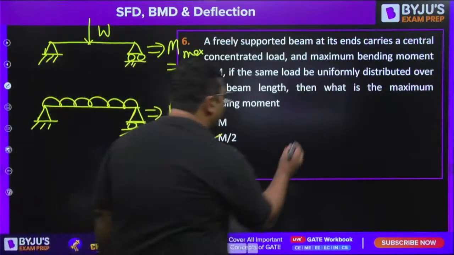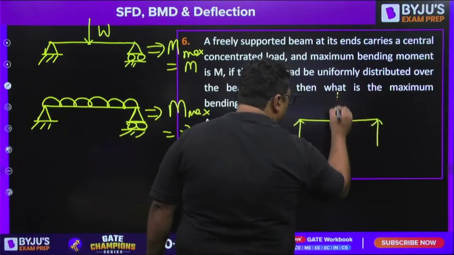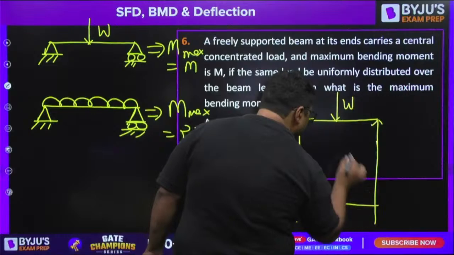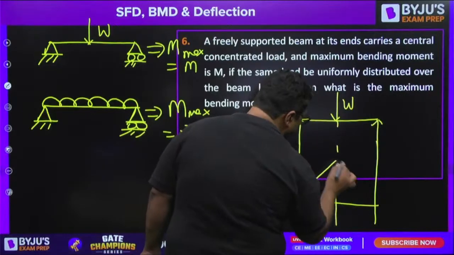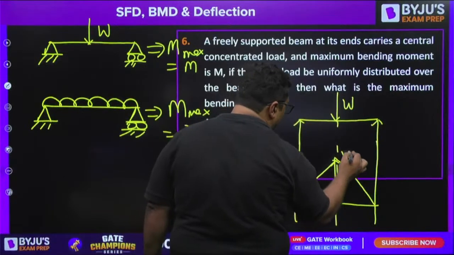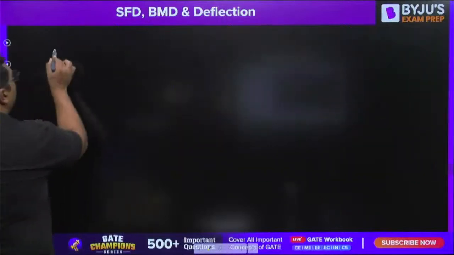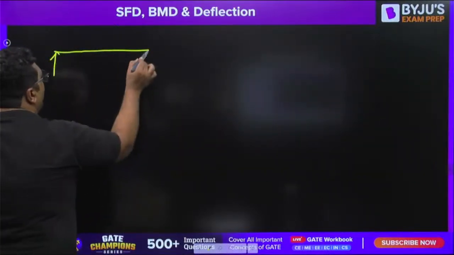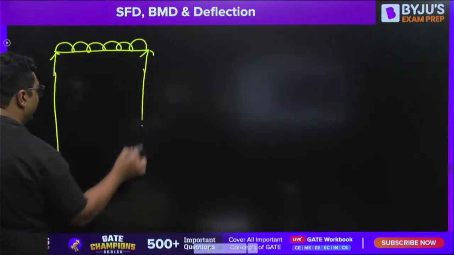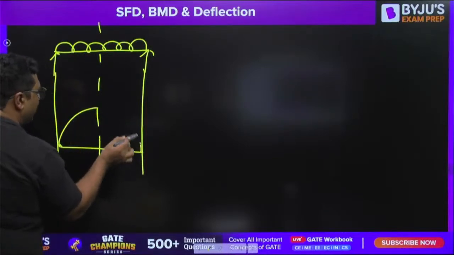So guys, whenever we have this simply supported beam and load W acting like this, if we make the BMD for this case, BMD is coming like this. This value is the maximum bending moment, which is WL by 4. On the other hand, if we have UDL on this entire beam, the bending moment diagram will be coming like this.